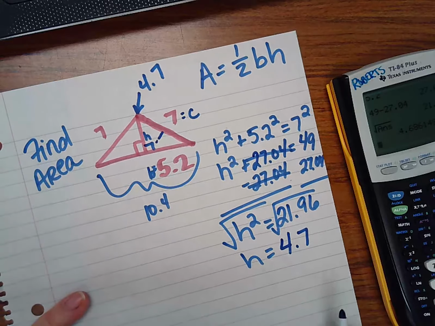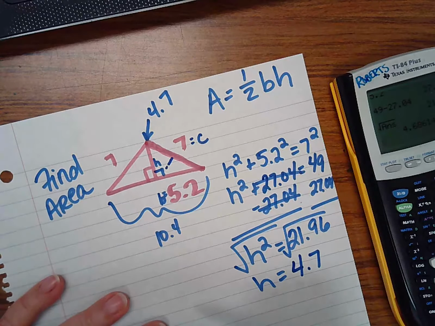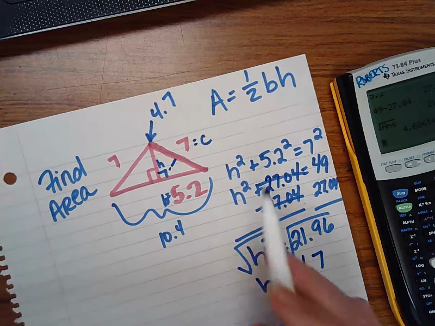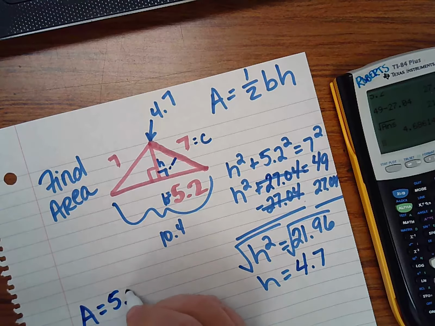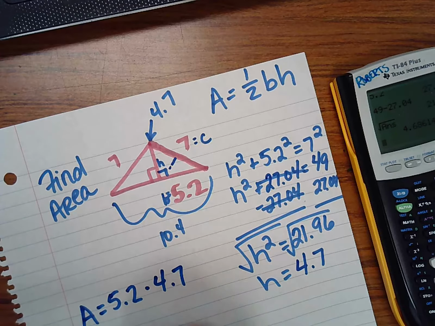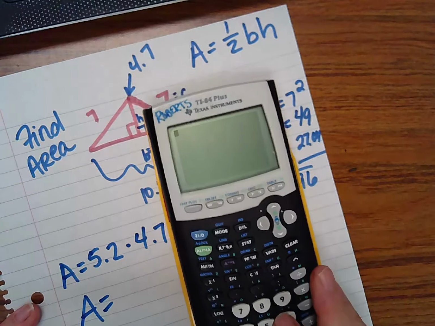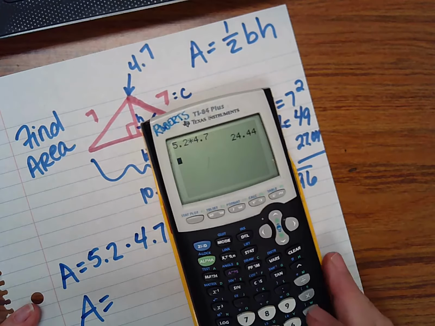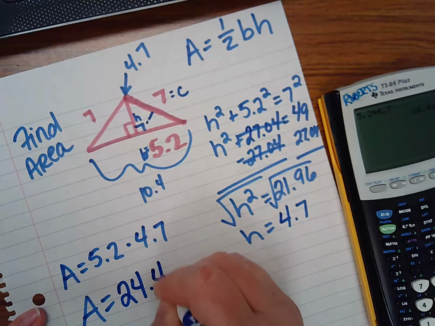Okay, so now the whole question was to find the area. So the area equals 1/2 the base times the height. Well, the whole base is 10.4, so half of it is 5.2. So the area equals 5.2, that's half the base, times the height, which is 4.7. So the area equals 5.2 times 4.7, and that's 24.44, or rounding to a tenth, it's 24.4.